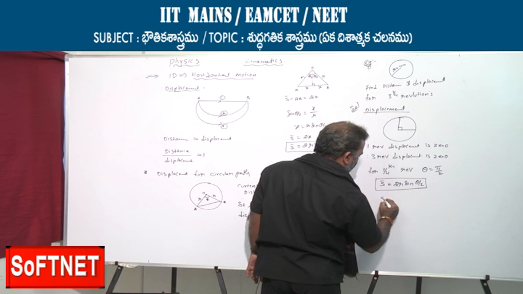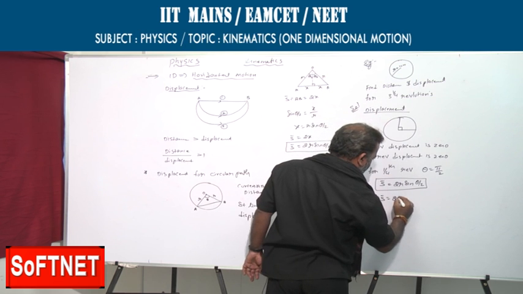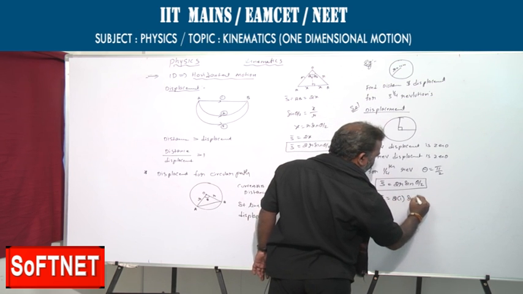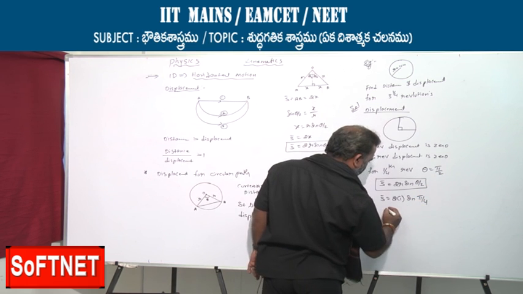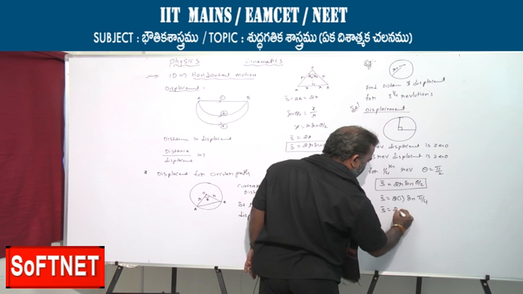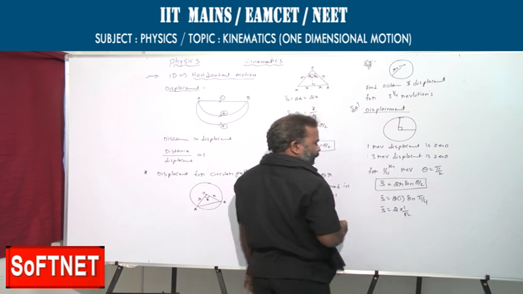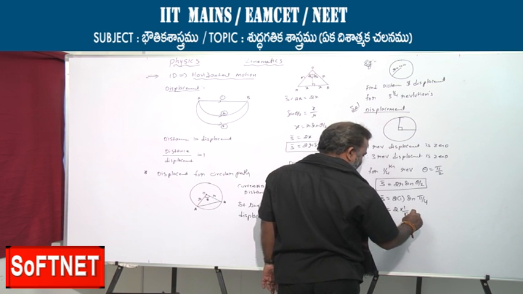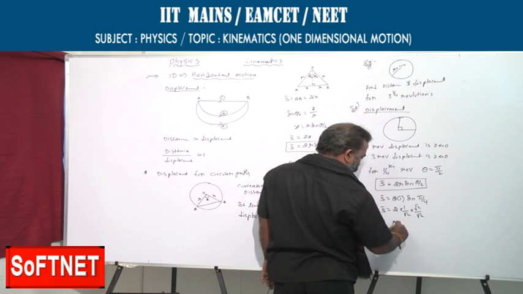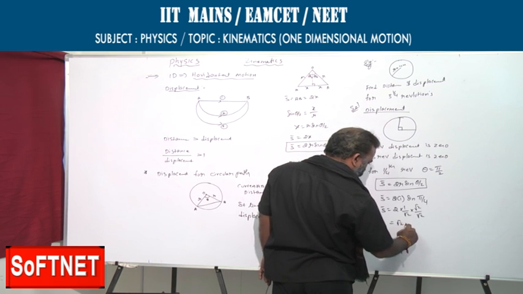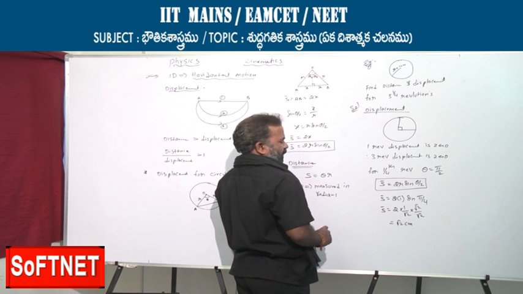When we substitute it now, radius is 1 centimeter, sine of theta by 2 is pi by 4. So, S bar is 2 sine pi by 4, which is 1 by root 2. When we rationalize it, root 2 by root 2 is root 2. So, it is root 2 centimeters is displacement.